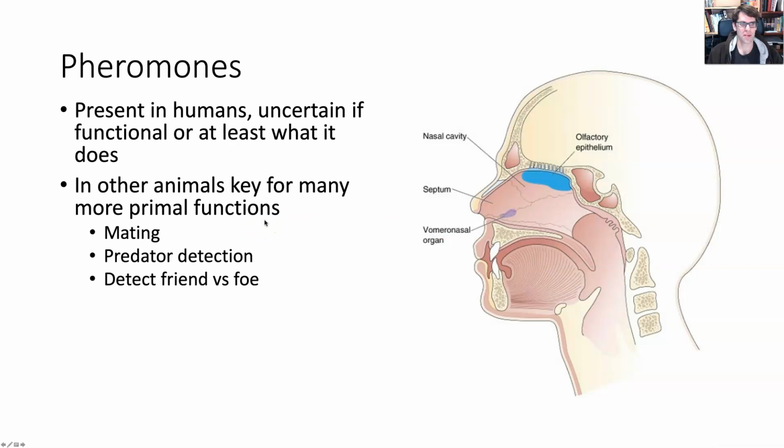In other animals, it's key for things like mating, predator detection, friend versus foe. So detecting if another animal wants to mate with you can literally be done by smell. And if a predator is nearby, that would activate this, and it's a much more base instinct level of smell that can directly detect fear and things like that.